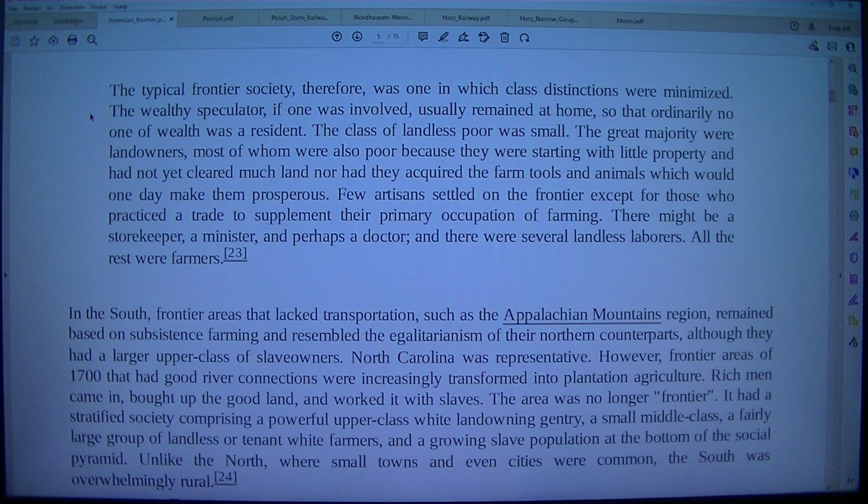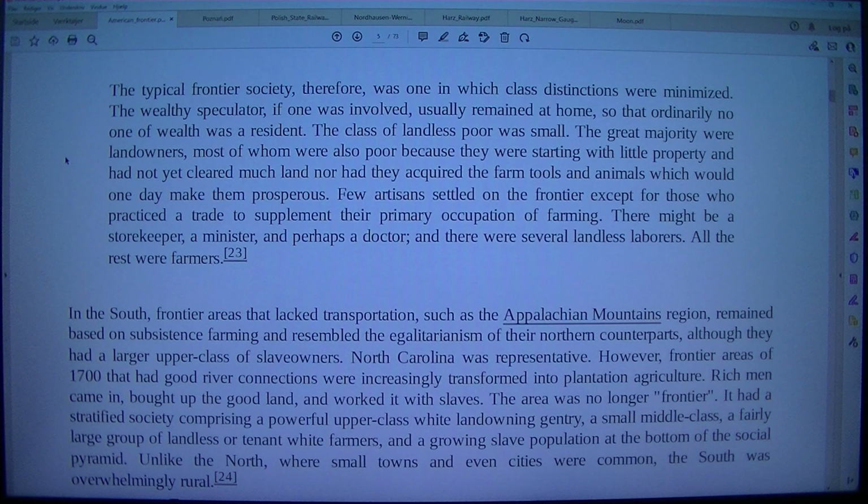The wealthy speculator, if one was involved, usually remained at home, so that ordinarily no one of wealth was a resident. The class of landless poor was small. The great majority were landowners, most of whom were also poor because they were starting with little property and had not yet cleared much land, nor had they acquired the farm tools and animals which would one day make them prosperous.